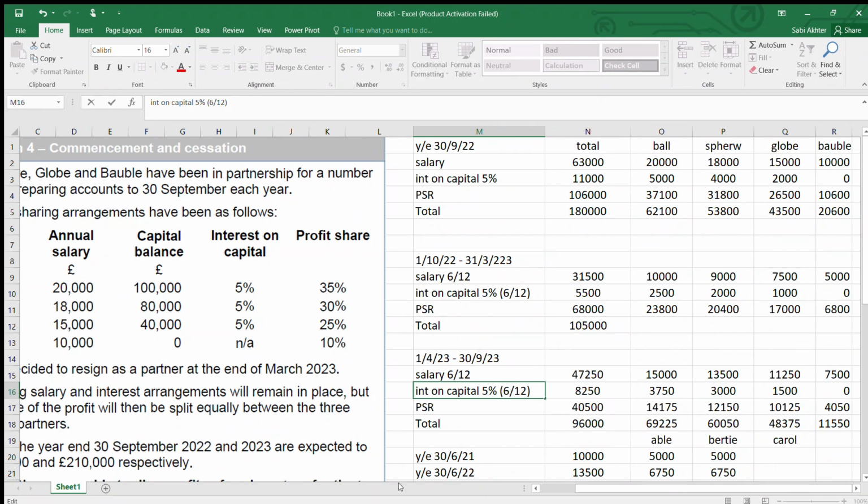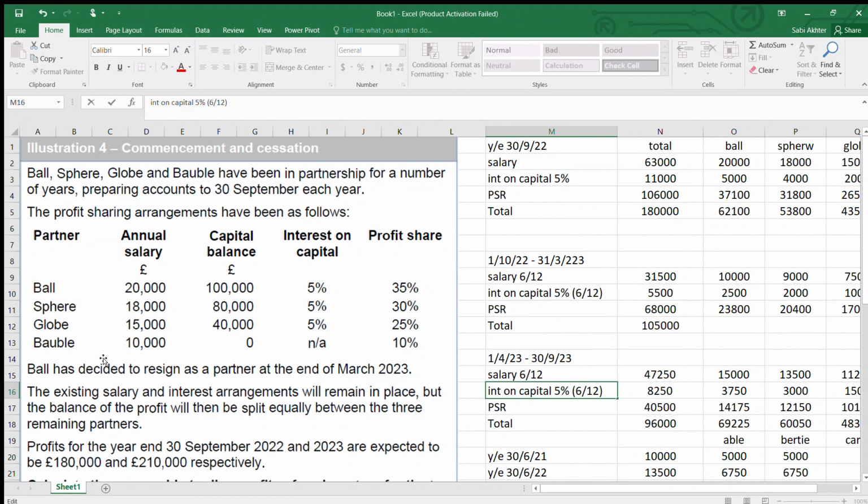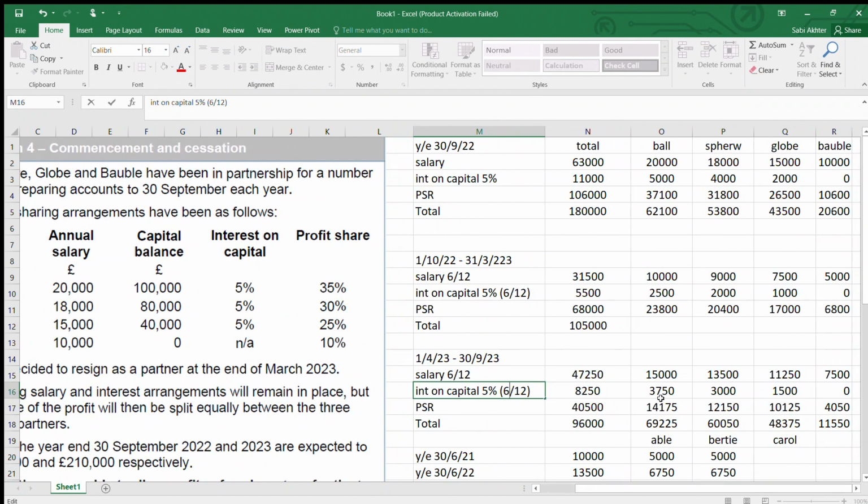Remember, Paul has decided to resign. So Paul will not be there for this period. From 1st of April 23 onwards, Paul will not be there. That's why his amounts will be 0, 0, 0, 0, 0, 0.